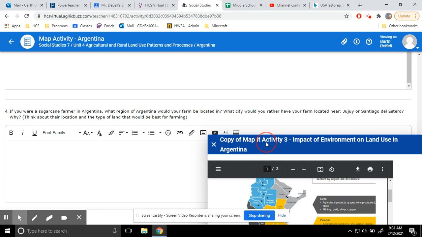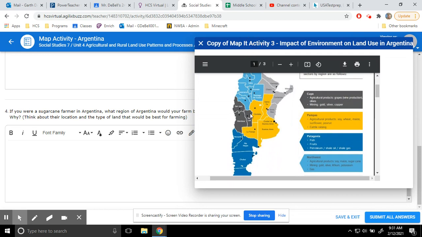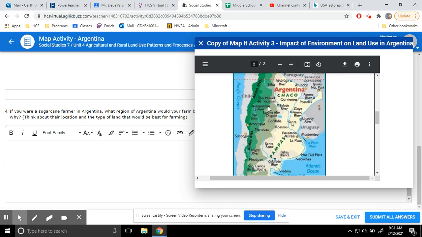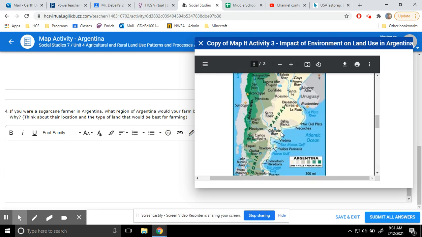Jujuy or Santiago del Estero, and why? All right, so that one you're going to have to zoom in, find those cities, and then you're probably going to need to come back down to this map and compare the two. All right, where would you rather have your farm and why?